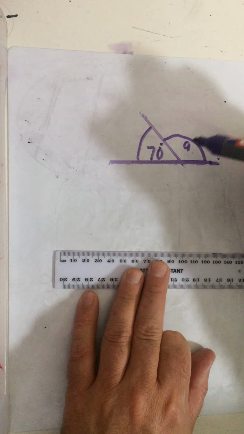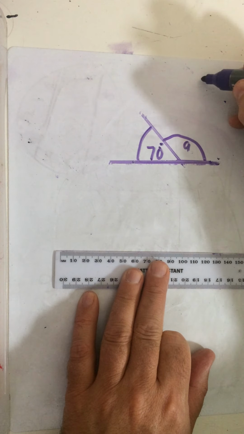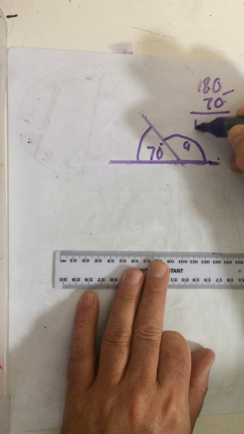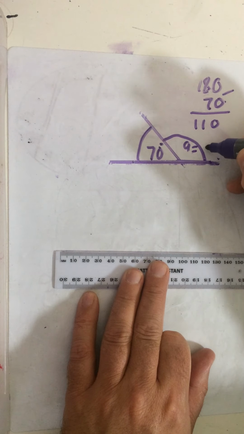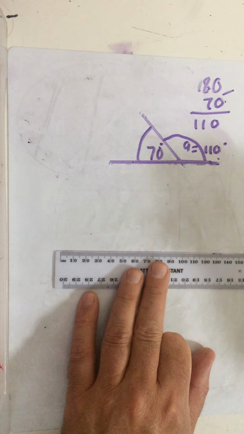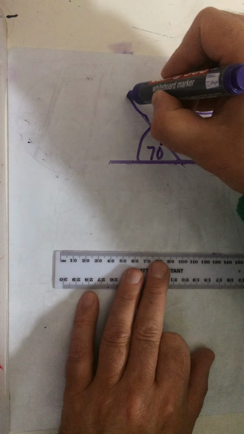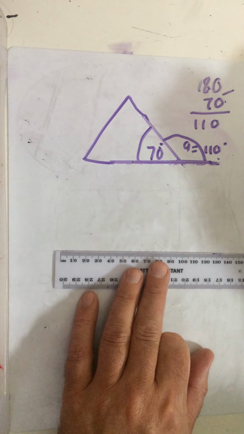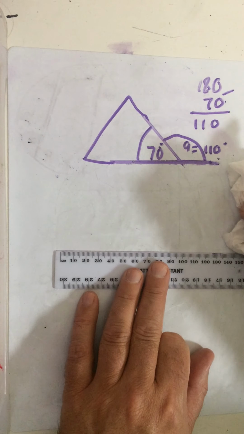This is 70. Angles on a straight line add up to 180, so 180 take away 70 gives us 110. So this angle here is 110 degrees.